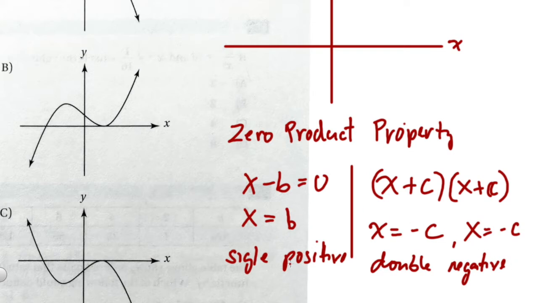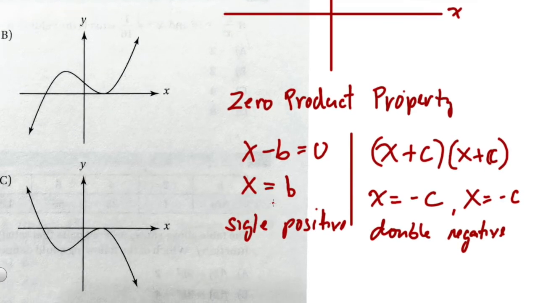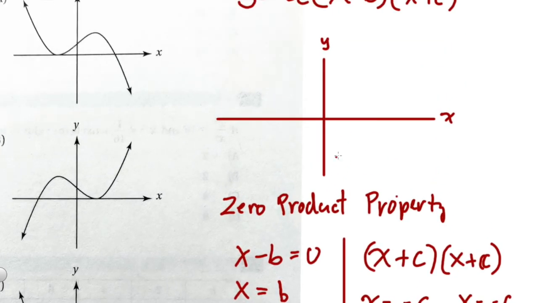It is important to note that this single positive zero means this is a value of x where the graph passes through the x-axis. So if this is positive b, and here could be a negative c.